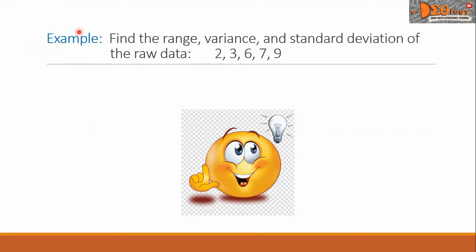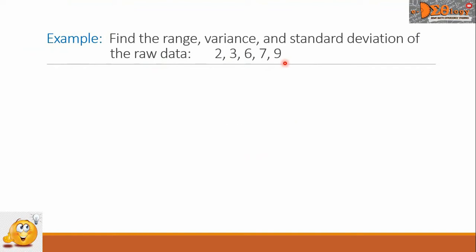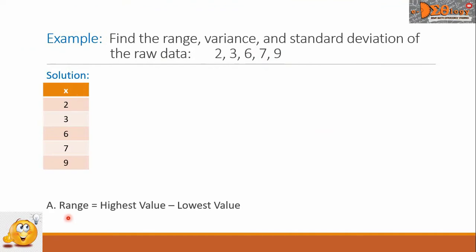Let us see this example. Find the range, variance, and standard deviation of the raw data 2, 3, 6, 7, and 9. For our solution, let us write this data in a column, and the heading is X. Now, let's start by solving the range.